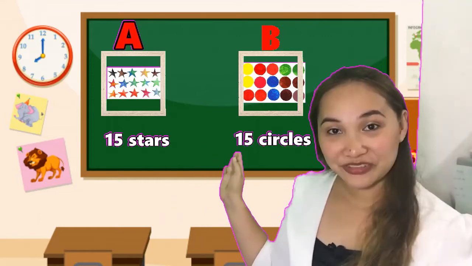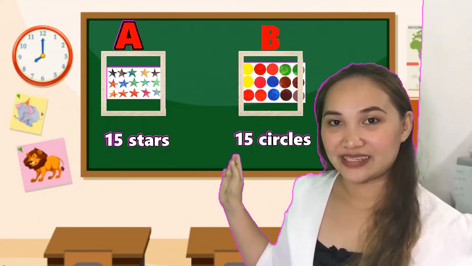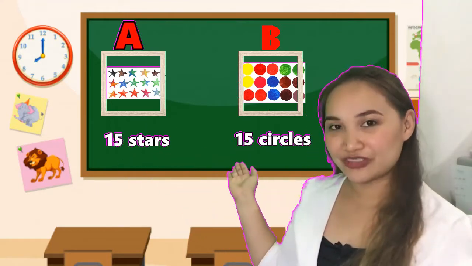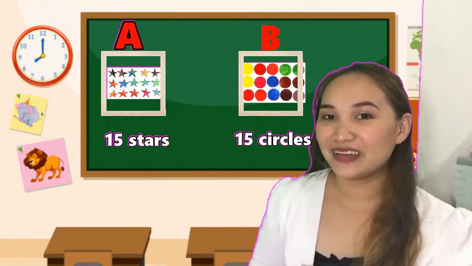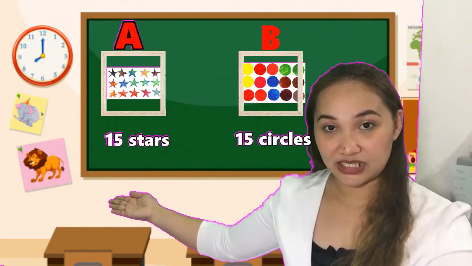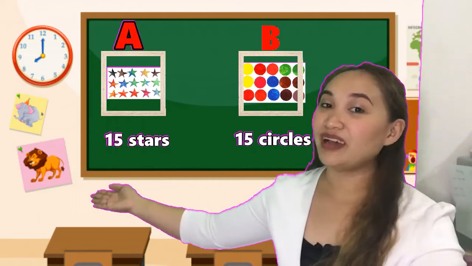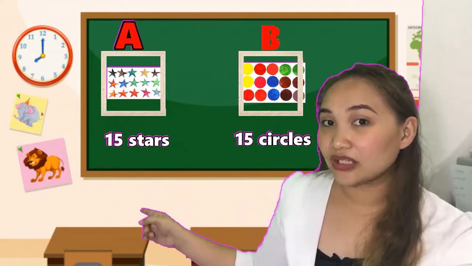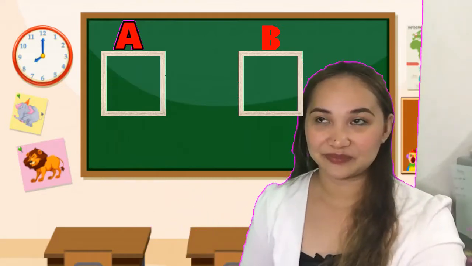We have 15 circles in box B. So we have the same number, 15 and 15, meaning to say that box A is equal to box B.